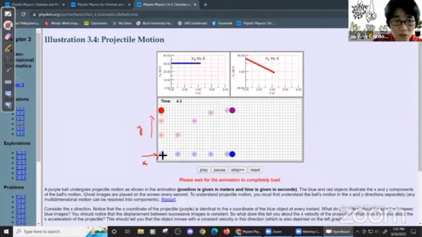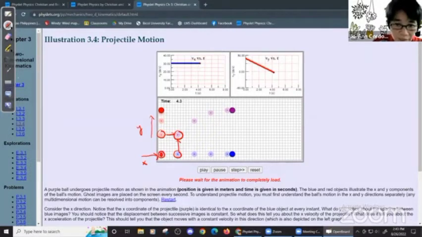Okay, so mananotice niyo po that if our projectile starts from here, after a specific time interval, ang x component ng motion natin ay nandito na, ang y component ng motion natin ay nandito na, and then what is going to happen is yung combination nitong dalawa, if you combine the two together, you end up with this one.